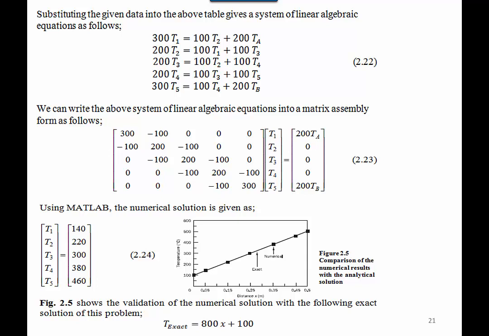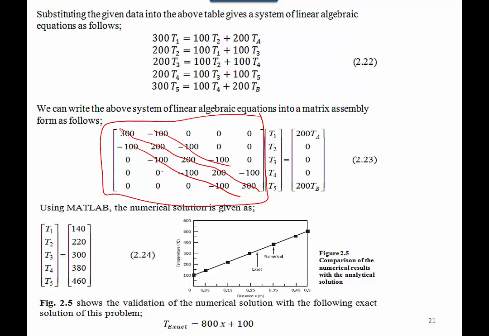As we see here, this matrix on the left side has one main diagonal with 2 neighboring diagonals. That means it has 3 diagonals.